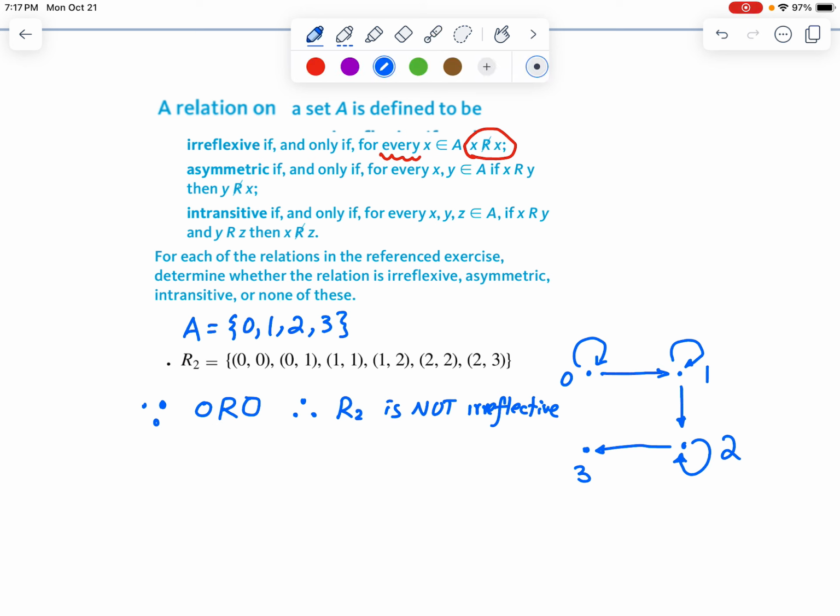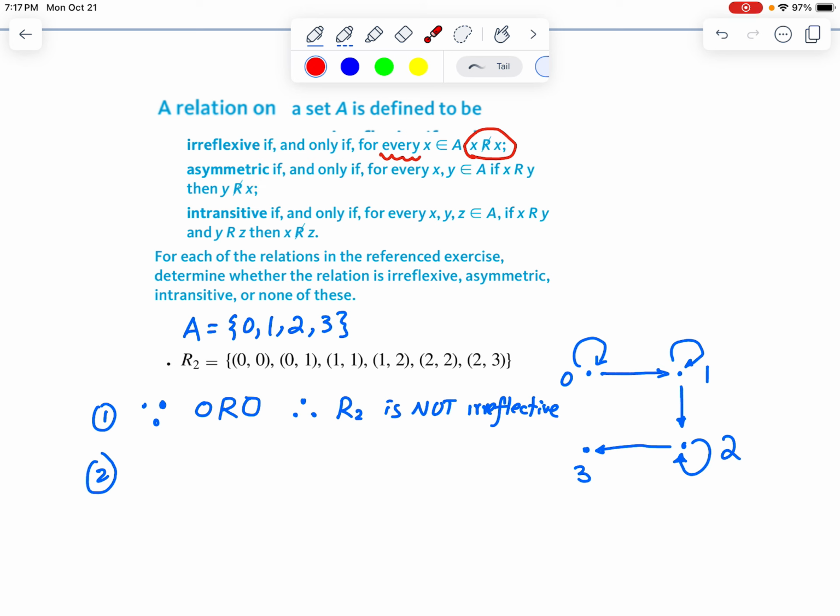Now let us take a look at the second one that we want to check. Asymmetric, right? So it's just the opposite of symmetric. What is that? That means for every x and y in A, so arbitrary x and y in A, if x is related to y, then y is not related to x.